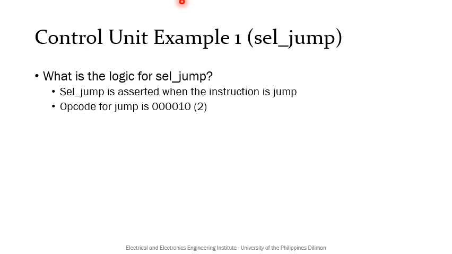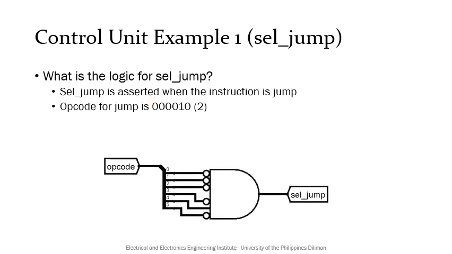We can rephrase this as cell jump is 1 if the opcode is 000010, or in a bit more detail, cell jump must be 1 if the 0th bit is 0 and the first bit is 1 and the second bit is 0 and the third bit is 0 and the fourth bit is 0 and the fifth bit is 0.